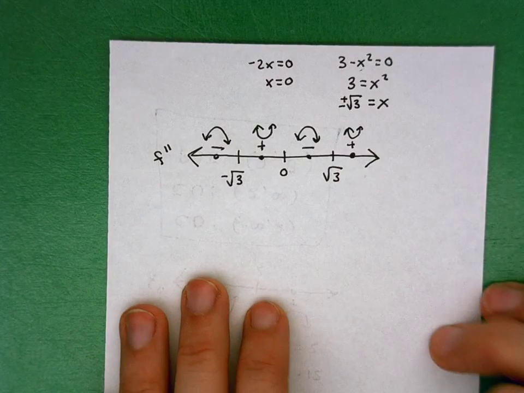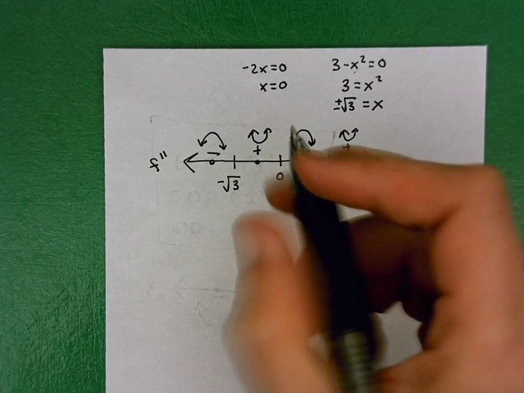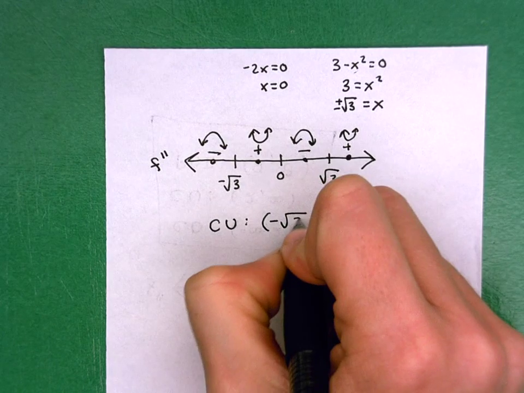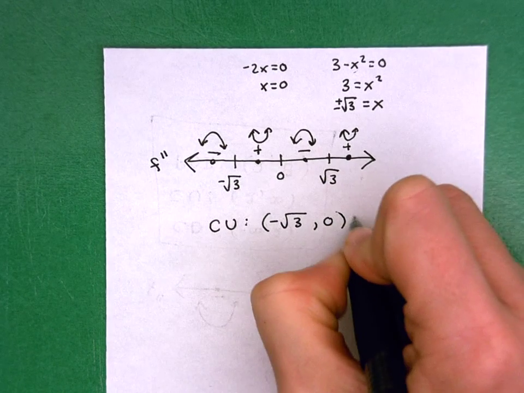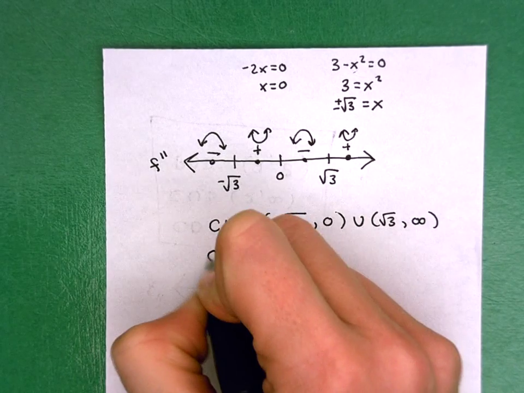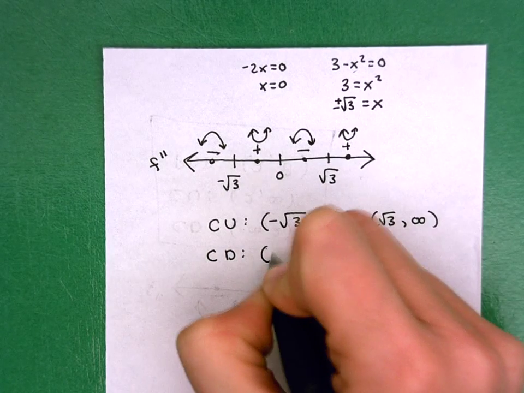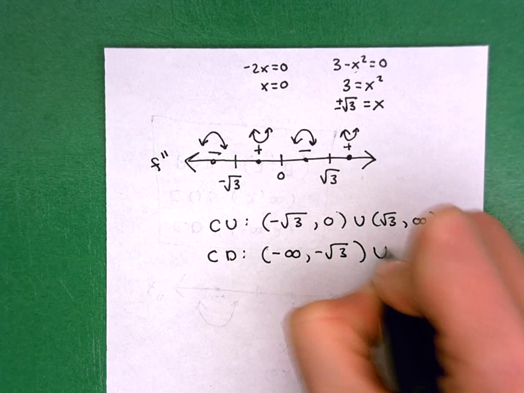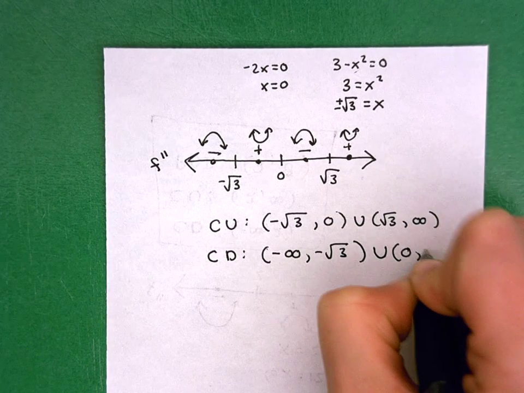Okay. And so that then is going to give me my intervals. We are concave up on negative root 3 to 0 and root 3 to infinity. We are concave down on negative infinity to negative root 3 and 0 to root 3.